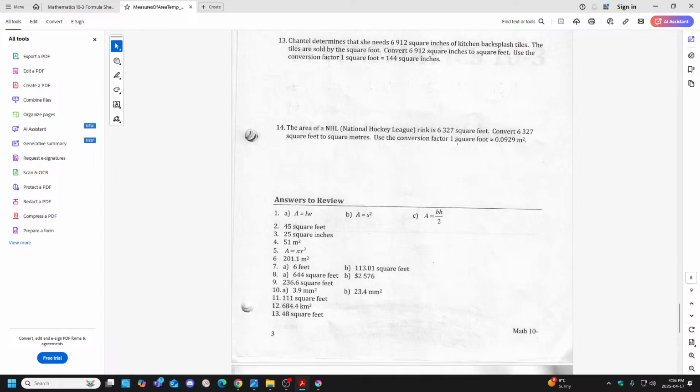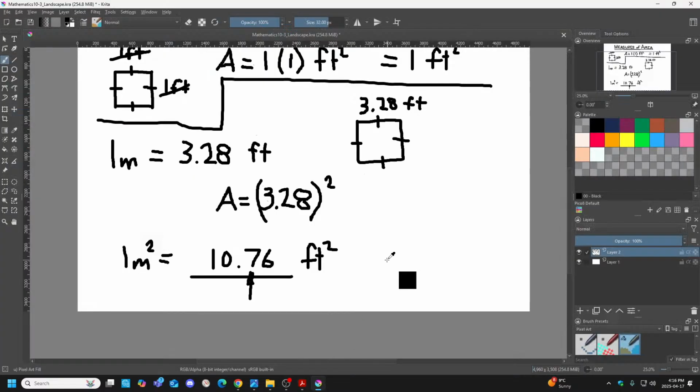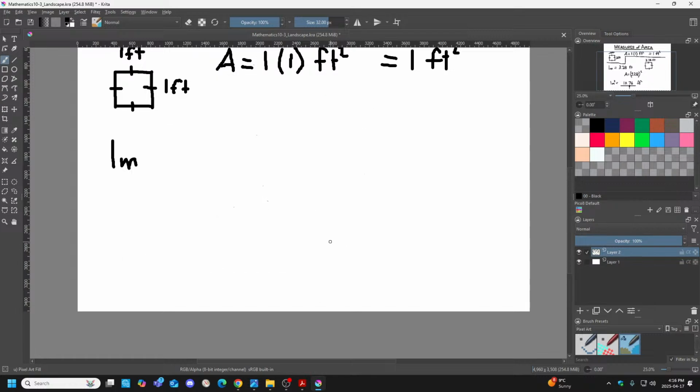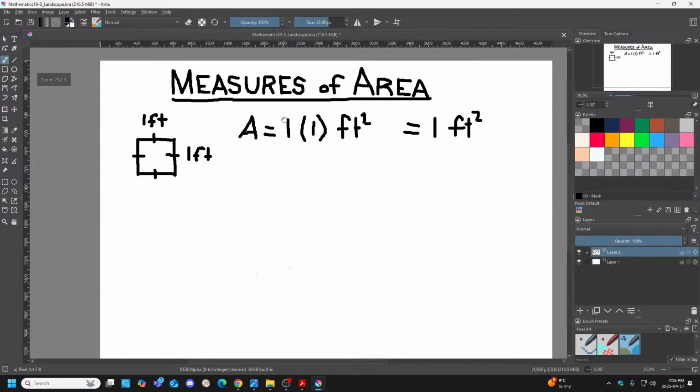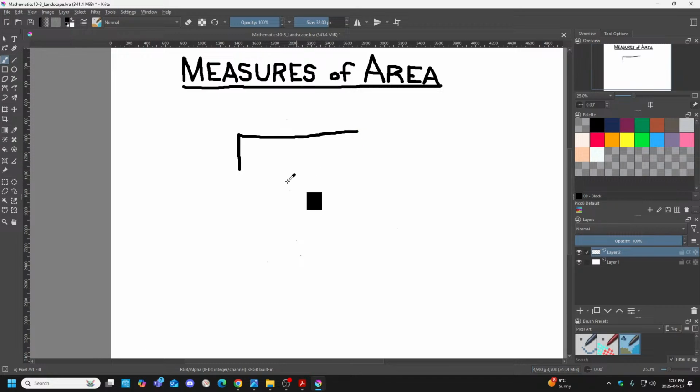And then we got an NHL rink. Again, you should know what an NHL rink looks like. Guys, you're smart, you're intelligent. Let's go. I'm going to try to draw straight lines.